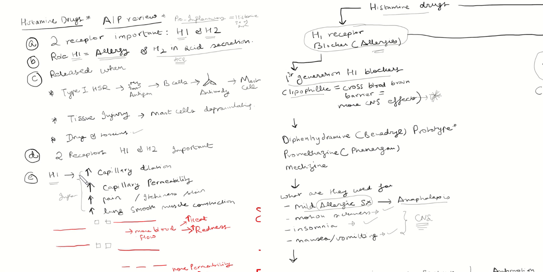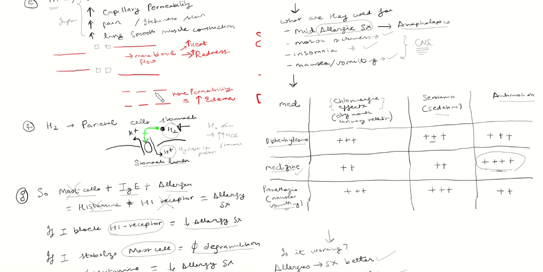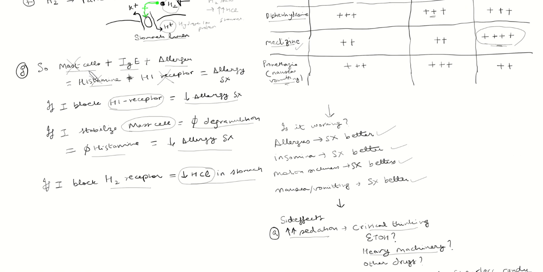So let's just go through this again. Histamine drugs, two receptors, H1 and H2. H1 receptor is important for allergy. H2 is for acid. Remember, mast cell plus IgE plus allergen gives you histamine, which connects with the H1 receptor and gives you allergy symptoms. If I stabilize the mast cell, I don't get histamine.